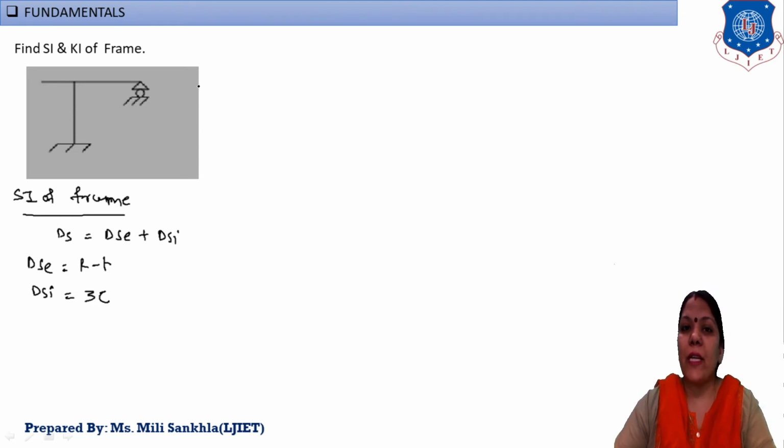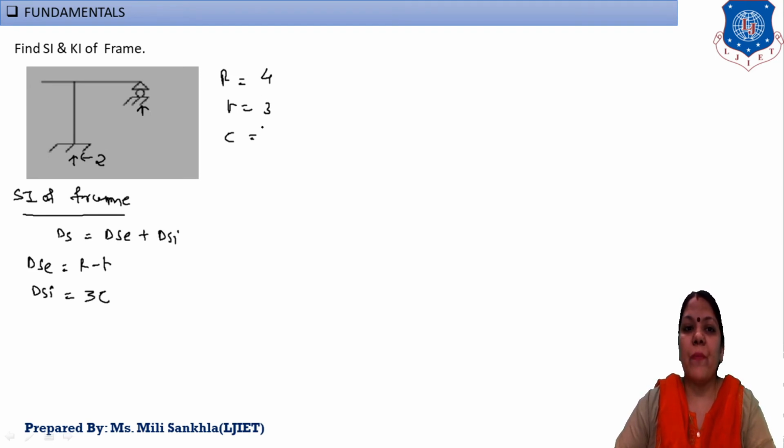Okay, now one by one we write down the unknown values. First of all, capital R, then small r and C. Capital R means support condition, fix 1, 2 and 3, and here roller support, so 1. 3 plus 1 is equal to 4.